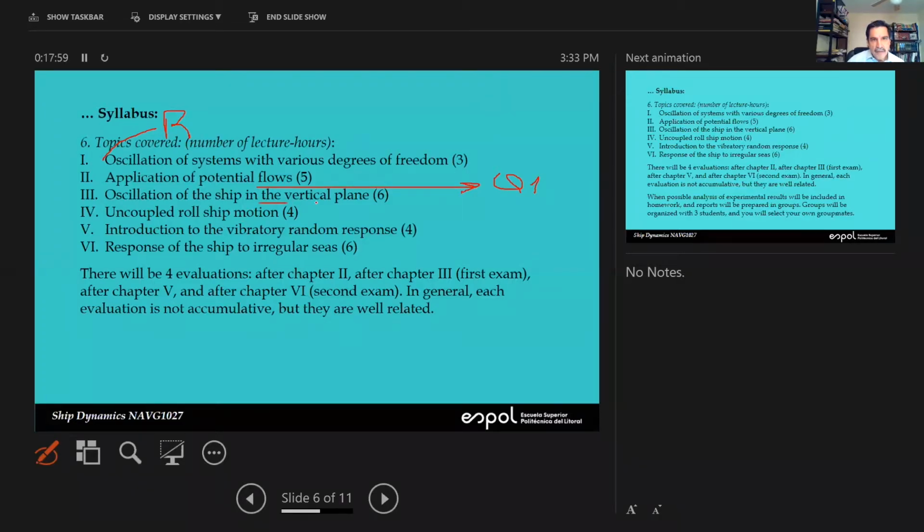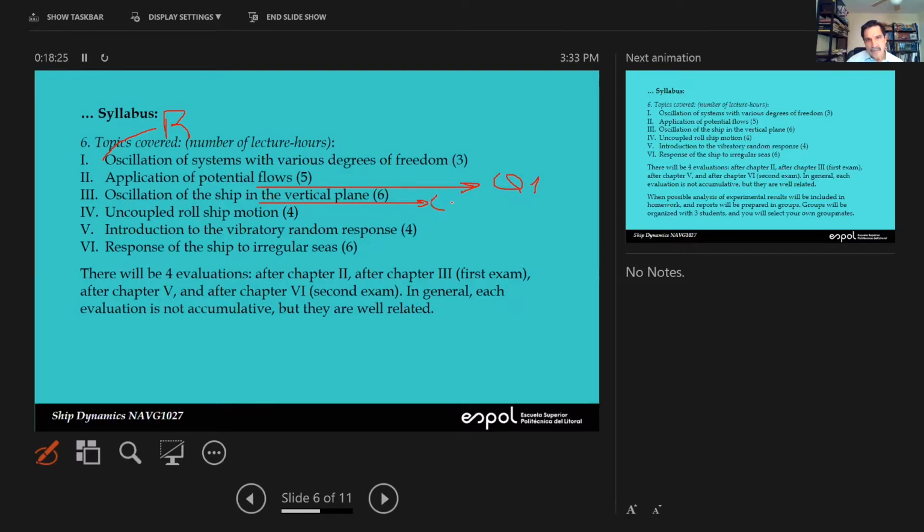After chapter 3, we are going to have the partial exam. The partial exam will be covering mostly chapter 3. But of course, if you want to analyze the oscillation of a ship, you have to remember in general what oscillation means. And also here, we will need some concepts from the previous chapter.